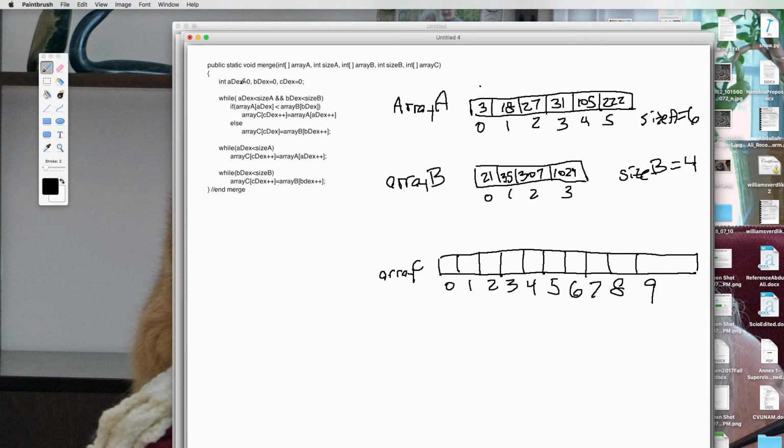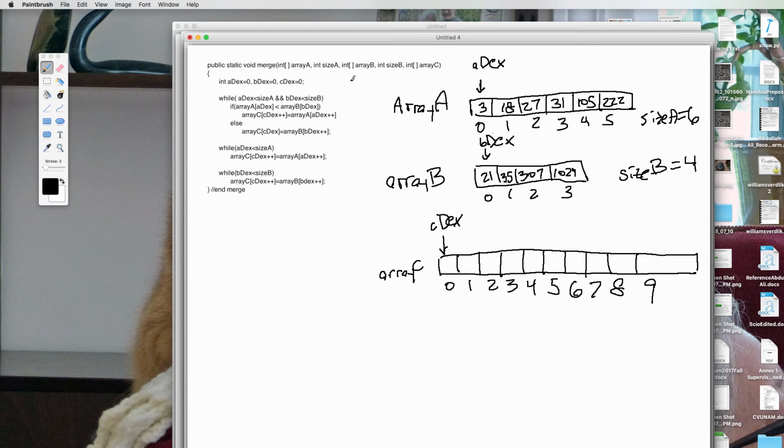So here's the thing that we have to do. We have these indexes, A-dex, B-dex, and C-dex, and they are all initially 0. So that means that over here there's A-dex, and over here that's B-dex, and over here, C-dex.